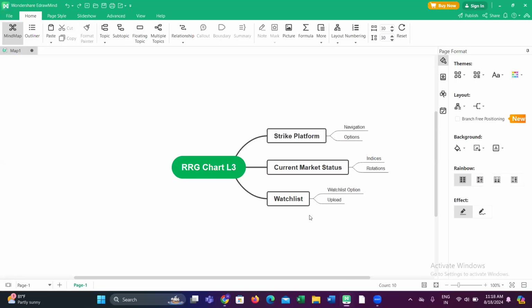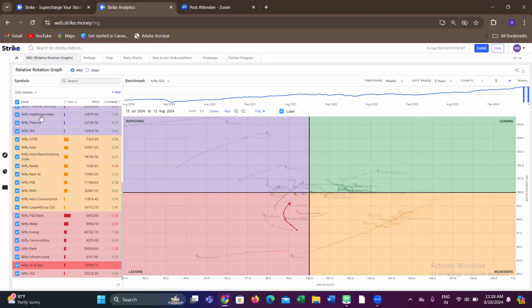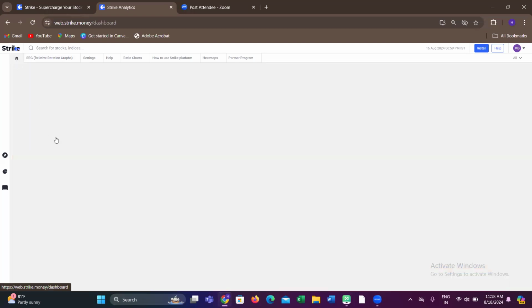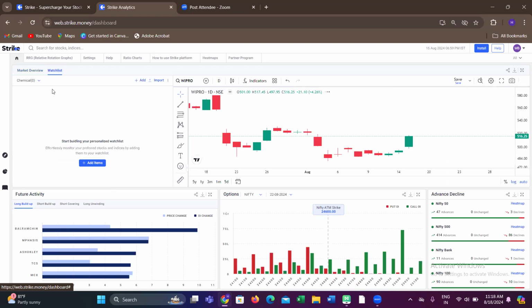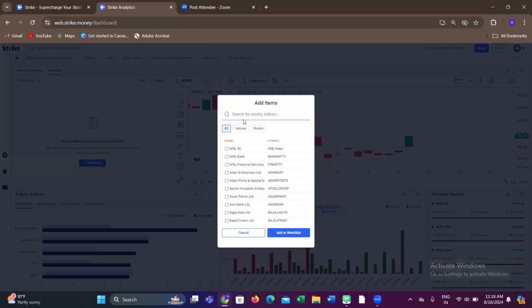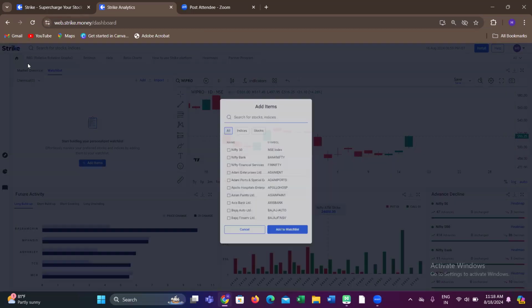Let's cover the third part, which is watch list options and upload. So if you go to home page, you have an option called watch list. Click on watch list and you can create watch list. You can click on add, you can give it a name. So let me just create one for you. Oh, sorry, not this one.